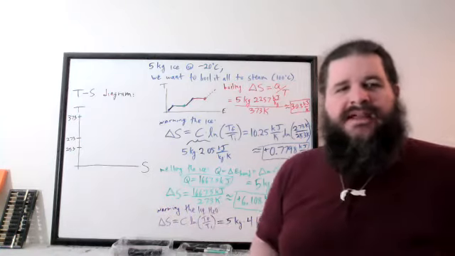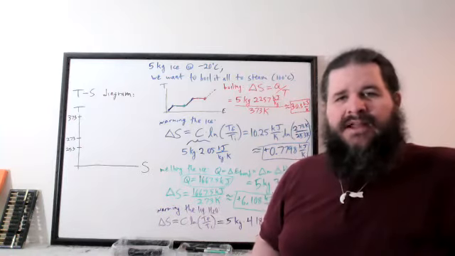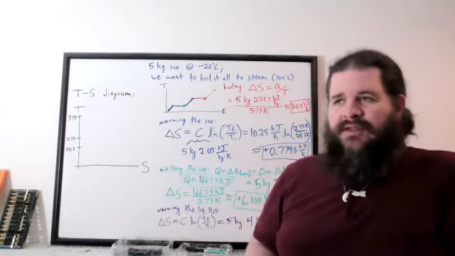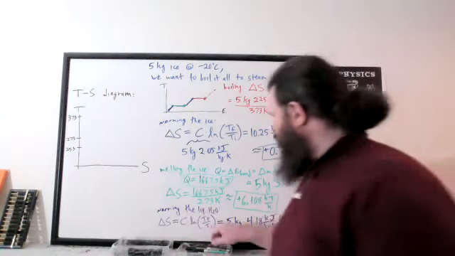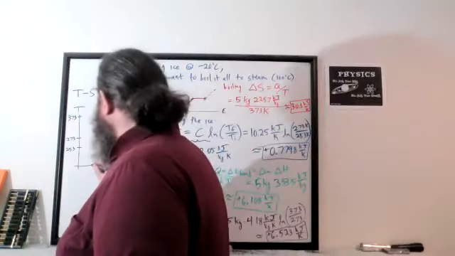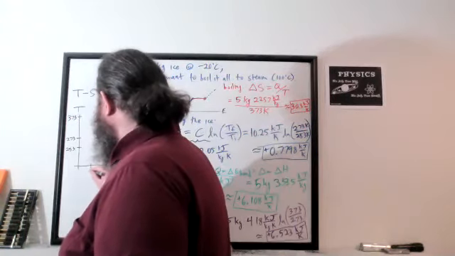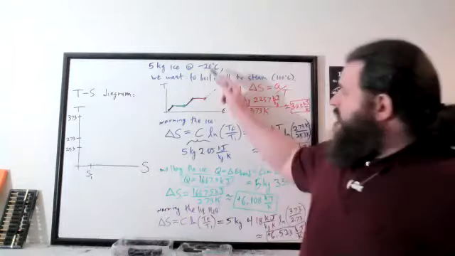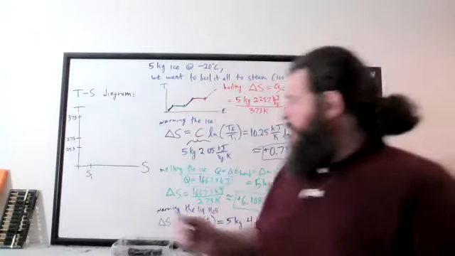And we usually don't really care what the value of entropy is. All we really care about is how much it's changing, because all of these formulas we're working with are delta entropy. So we're going to have some low initial entropy, S initial. And we know we start off with ice at -20 at that low entropy.